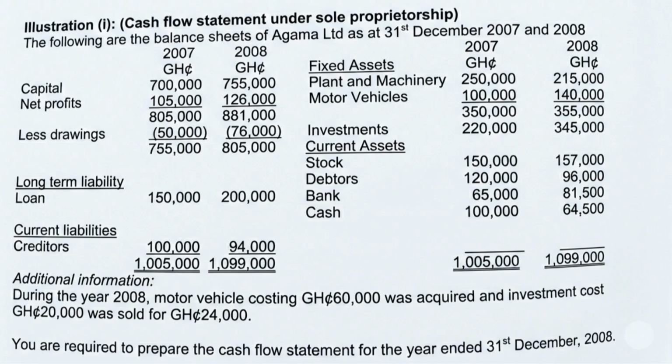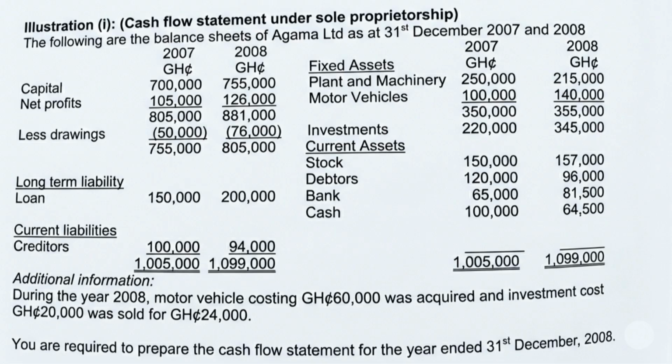Motor vehicles for 2007, 100,000, and then 2008, 140. Investment 2007, 220, and then 2008, 345,000. And then for current assets, we have stock for 2007, 150,000, 2008, 157,000.